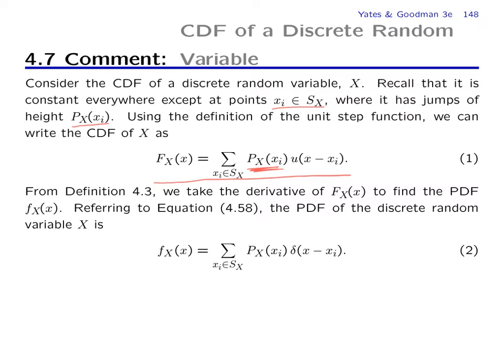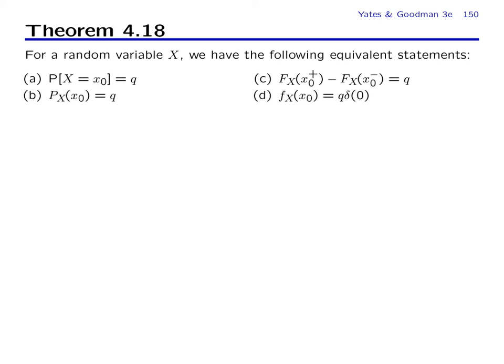And then if we take a derivative of this function, we do it for each term in the sum. And in this case, the unit step derivative becomes the delta function. And we have the equivalent representation in terms of a PDF, right? Where it's the probabilities of the PMF weighted by the corresponding delta functions.